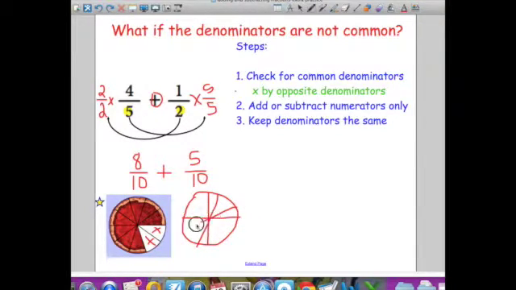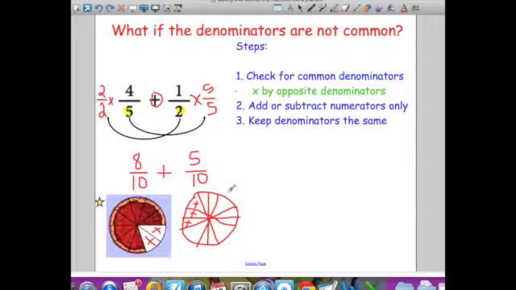Remember, your circles do not have to be perfect, but they will help you to visualize. All right, so there's my tenths. I had 8/10, and then I added 1/10, 2/10, 3/10, 4/10, 5/10.